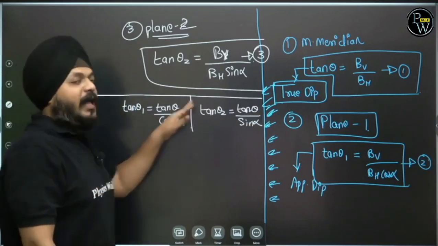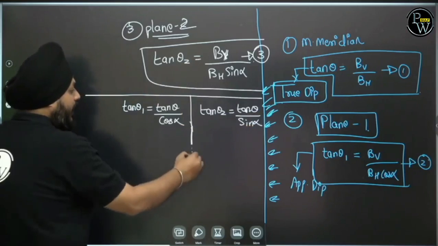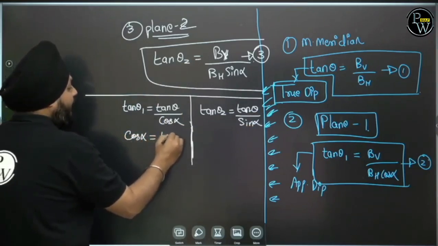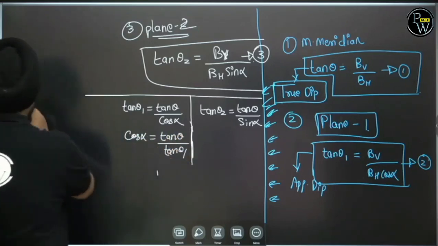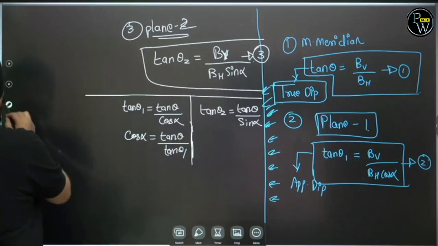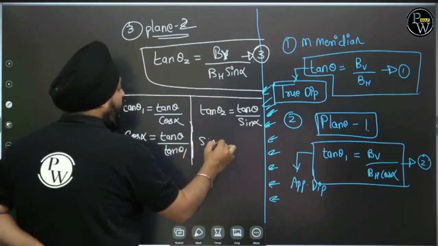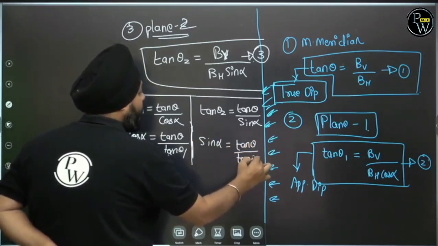Let's make sin alpha and cos alpha the main term. Again, I am rephrasing: cos of alpha is equal to tan of theta by tan of theta 1, and sin of alpha is equal to tan of theta whole divided by tan of theta 2.